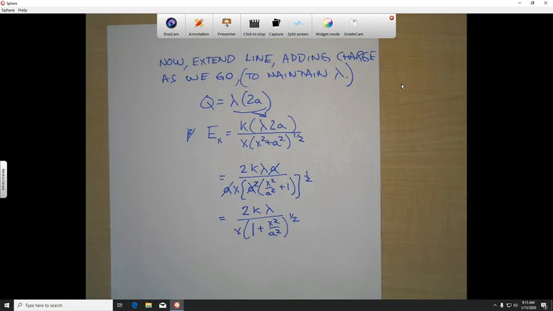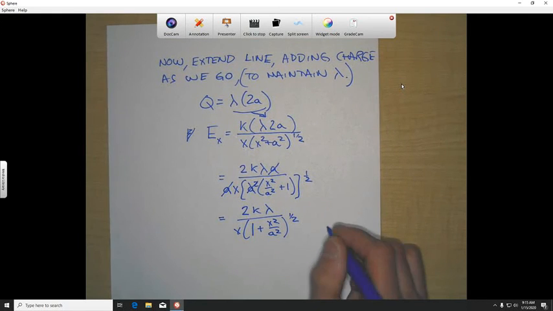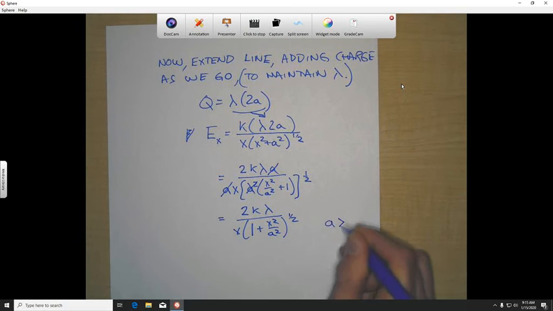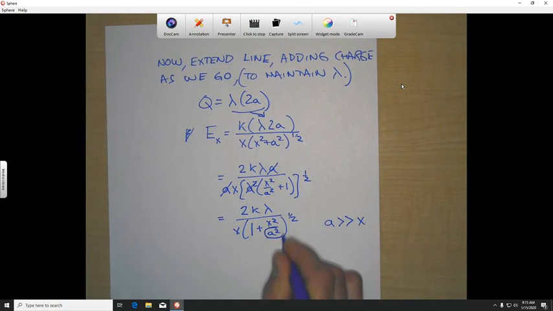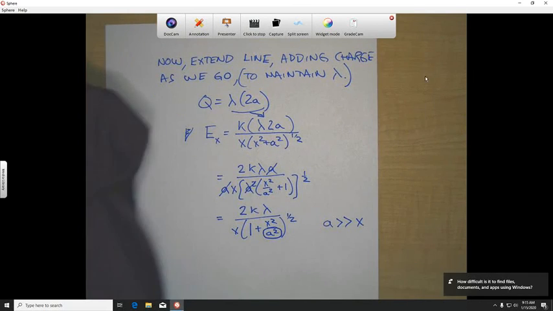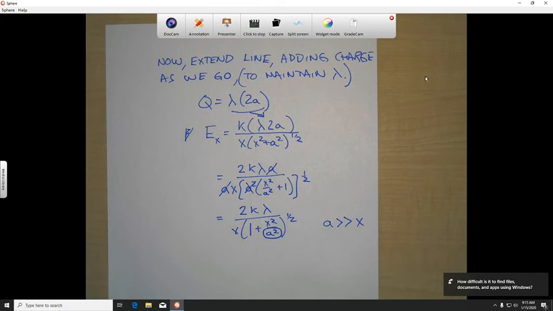So again, your eyes might be rolling back a little bit because of all the algebra, but all we're doing is what you would do in math class when you're finding a limit. We are anticipating that a is going to be much, much bigger than x, and so we wanted to put it into the denominator. Okay.